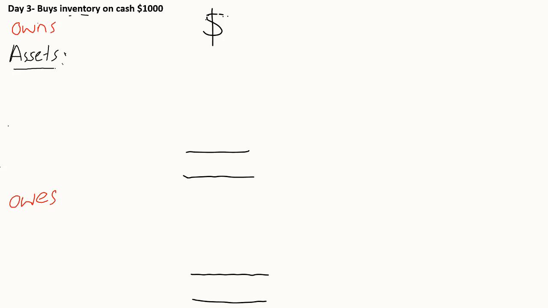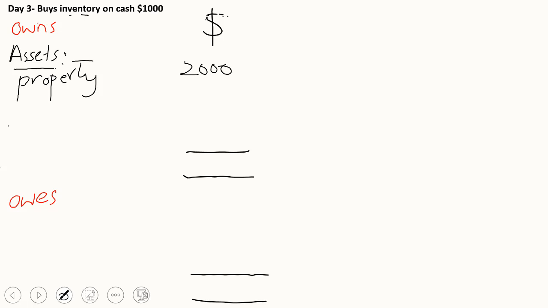So day 3. Buys inventory on cash, $1,000. So coming to assets, property would still remain same. How much was it? $2,000. Now there is a new asset and that is inventory. And how much is that? 1,000.